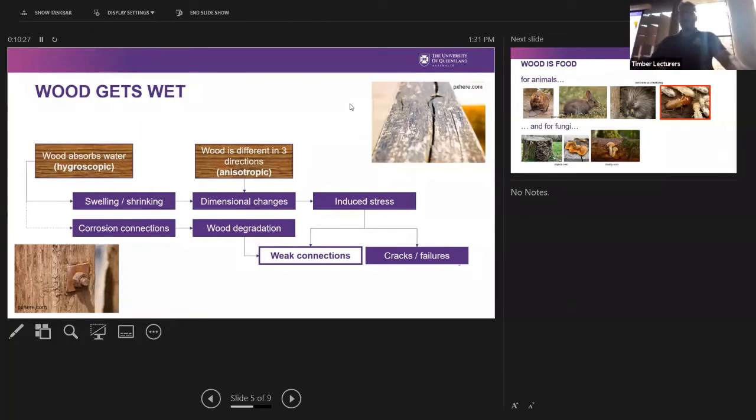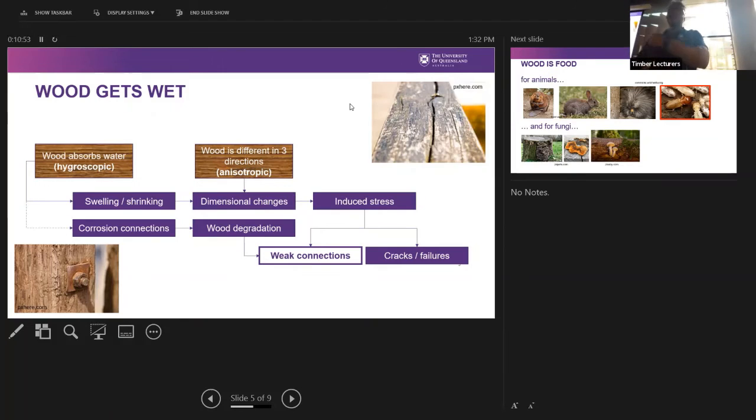It will swell and shrink more in one direction than the others, and this will produce deformations in the material. All this will induce stress, and the water present in the wood, coming from absorption, will produce corrosion of the fasteners. The corrosion of the fasteners will produce metallic oxides.